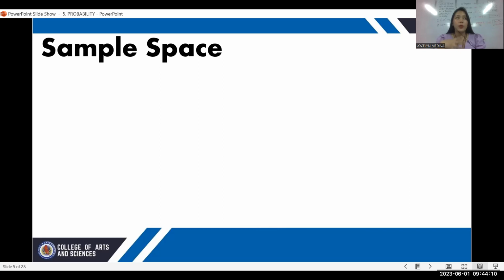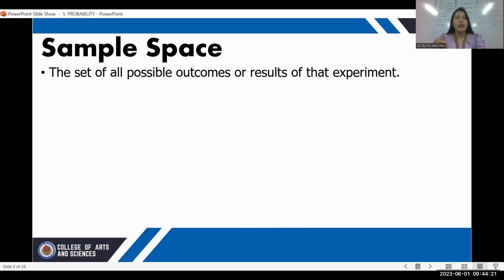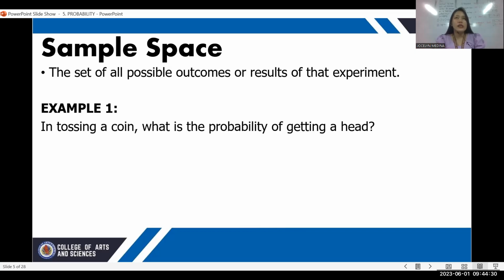So when we talk about statistics, the most basic topic is your sample space. Ang tinatawag nating sample space is ito yung set ng mga possible outcomes kapag mag-experiment kayo. So for example, say you toss a coin, say a 5 peso coin or a 1 peso coin.